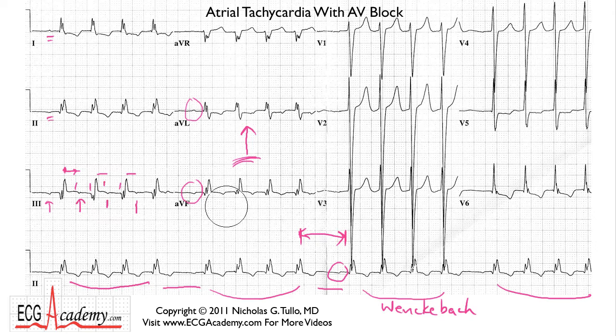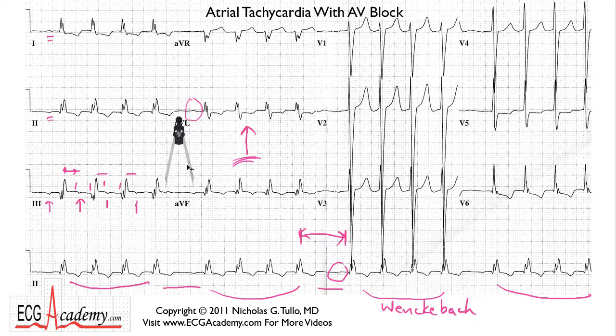Because if they are, then we are looking at type 1 second degree AV block. So let's pull out our calipers. If you put them on the first P wave, and I've set it up so that you are on the next P wave, now let's march them on through, and you can see this P wave occurs at the same interval. It's on time. And this P wave seems to be on time. If you keep on moving it, you see this negative deflection here, and if you put your calipers there, you see that this occurs on time as well.